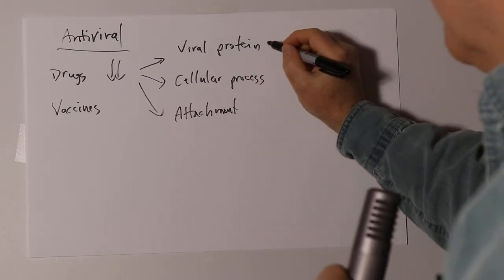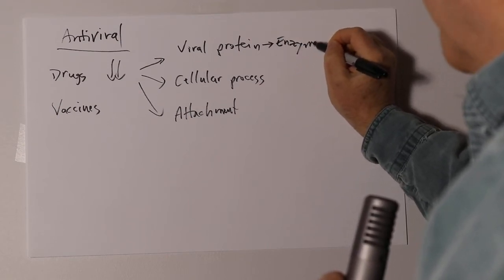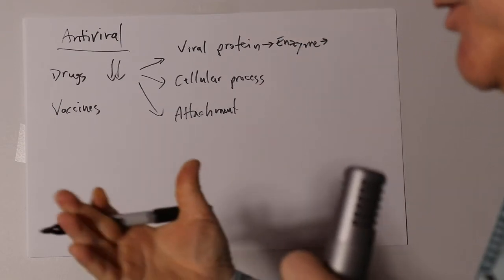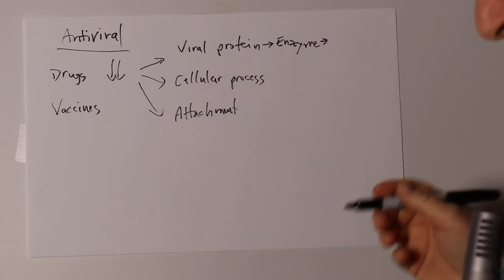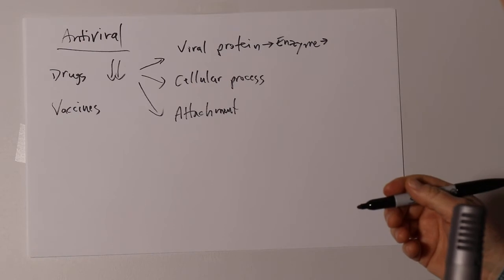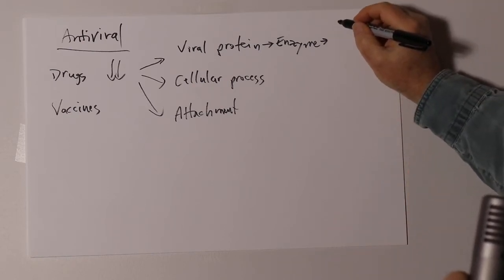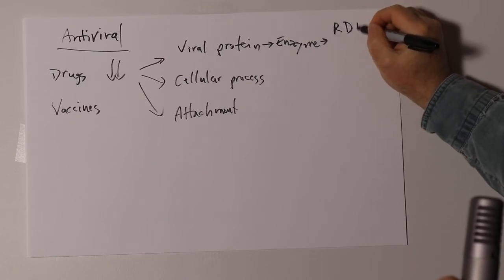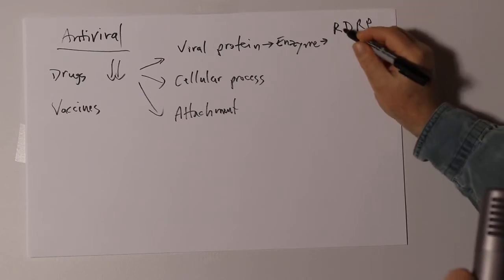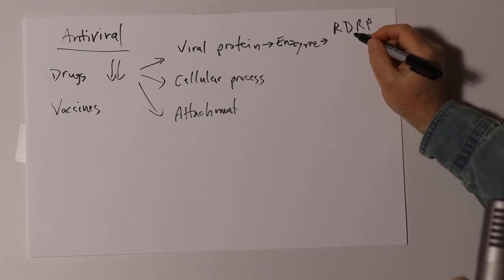In terms of viral proteins, you really want it to be an enzyme. For the most part, enzymes are easier to inhibit because they have active sites that are normally meant to bind small molecules. So they're easier for drug companies to target. In the case of COVID, the 2 main targets that people have come up with are the RNA-dependent RNA polymerase, because we don't have such an enzymatic activity functioning in our cells.